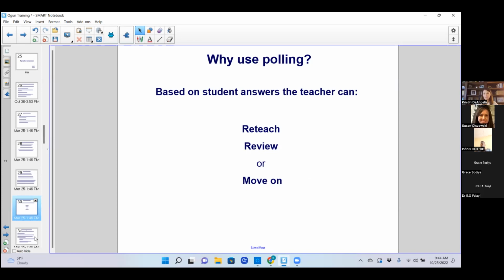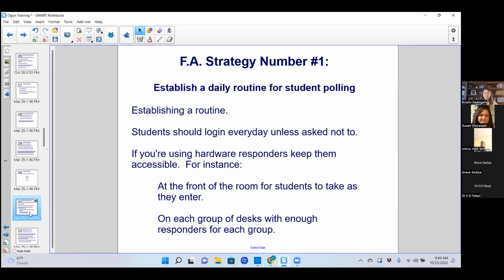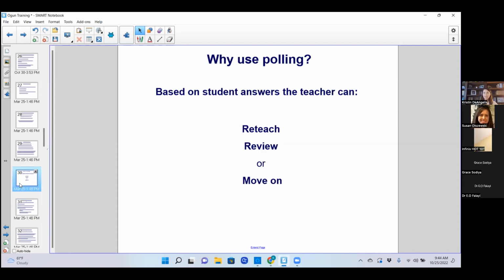After each formative assessment question, you will stop and talk about it. Even if, let's say, 50 out of 60 got it right, you're going to stop and say, oh, I see some people picked B. I see some students picked C. Why do we think somebody may have picked C? And turn it back to the students.